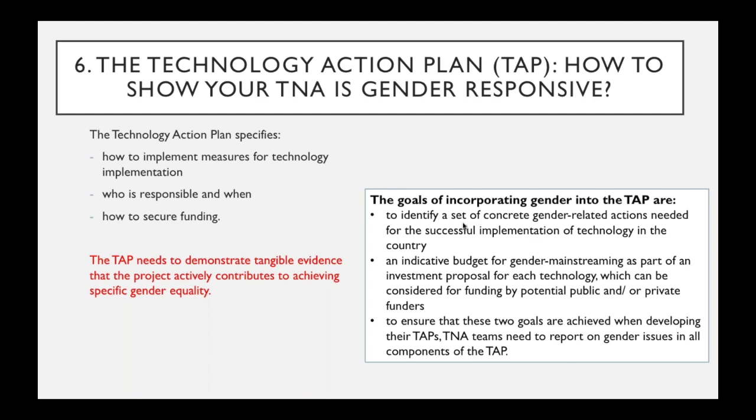I will now briefly go through some of the predefined steps that are outlined for the technology action plan. These are steps that have been developed to help the countries that are part of the TNA to really make it through the whole process and be able to put on the table a fundable plan. And I'm hoping to give you some ideas of where gender would fit into this process.